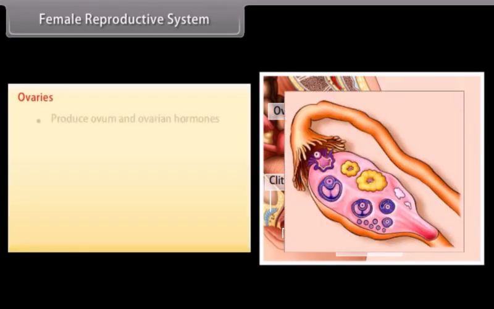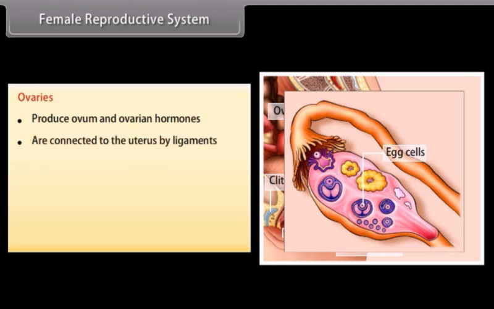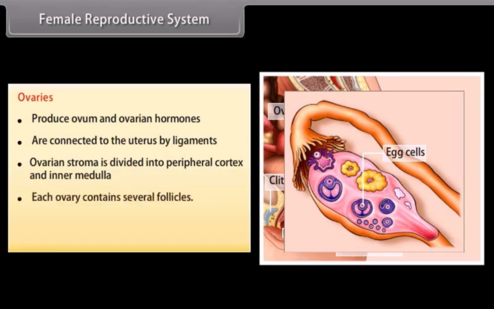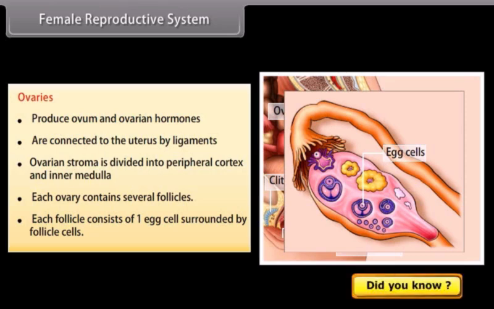Ovaries produce ovum and ovarian hormones, and are connected to the uterus by ligaments. Ovarian stroma is divided into peripheral cortex and inner medulla. Each ovary contains several follicles. Each follicle consists of one egg cell surrounded by follicle cells.